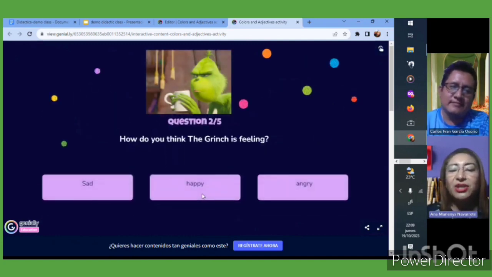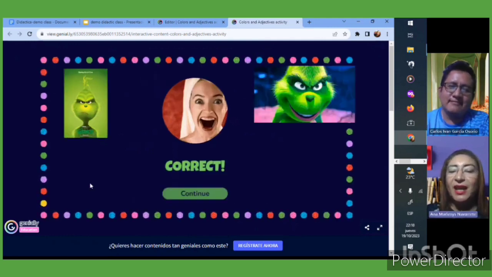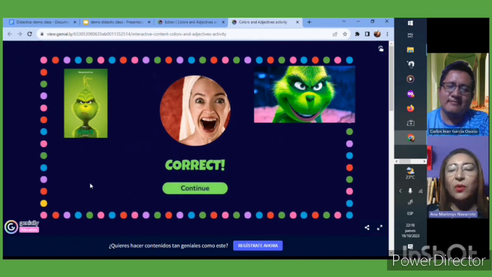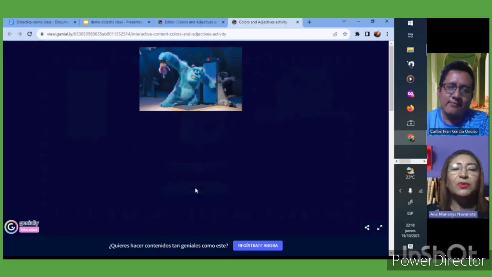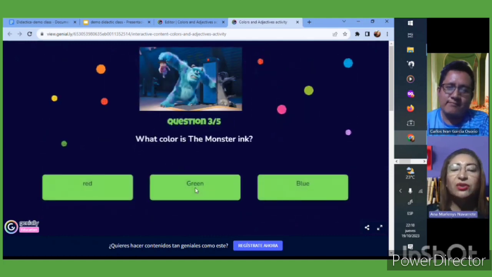Now we have the next question. How do you think the Grinch is feeling? See the picture. Can you do the mimic of how he is feeling? Maybe he is sad. So they have to answer. And don't forget to say the magic words like correct. To continue, we have the next question.